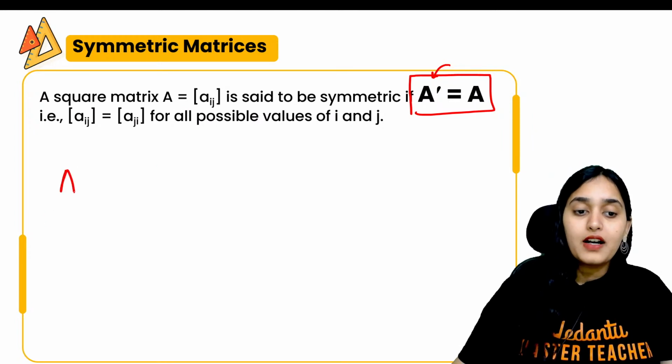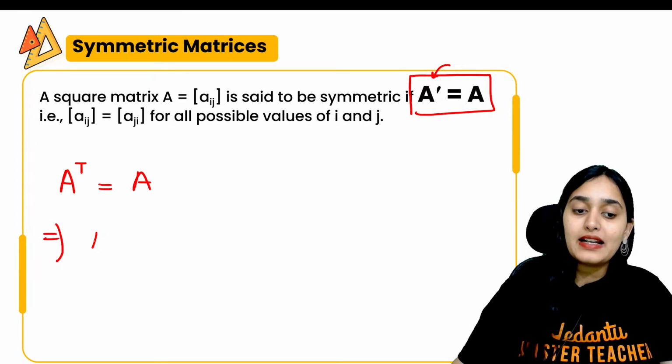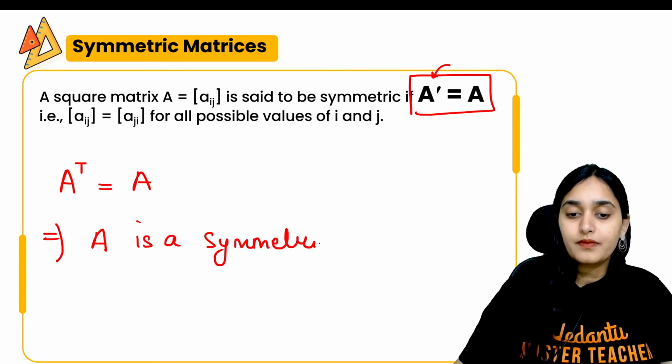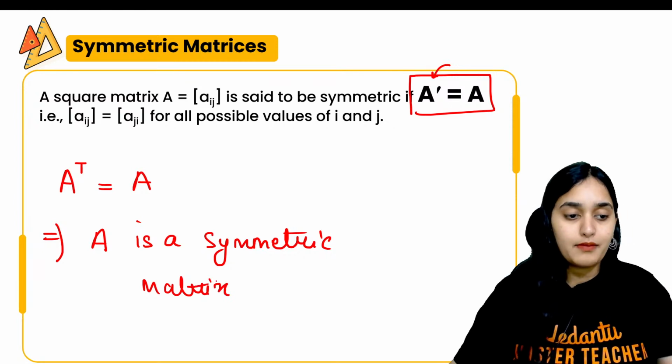So if the transpose of A matrix is equal to A matrix, then we say that A is a symmetric matrix.